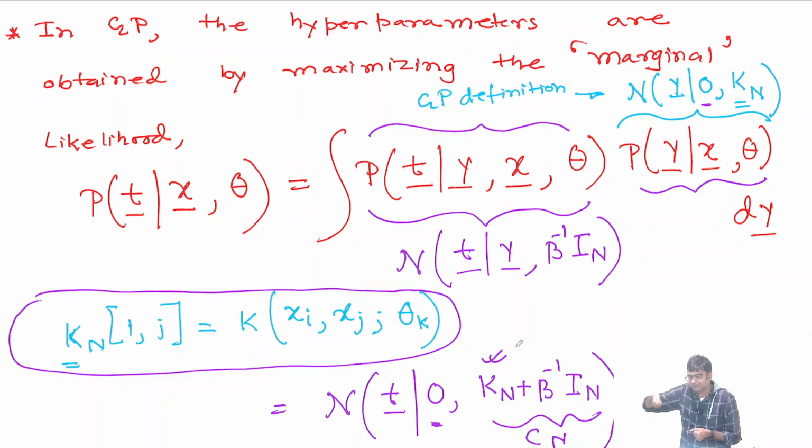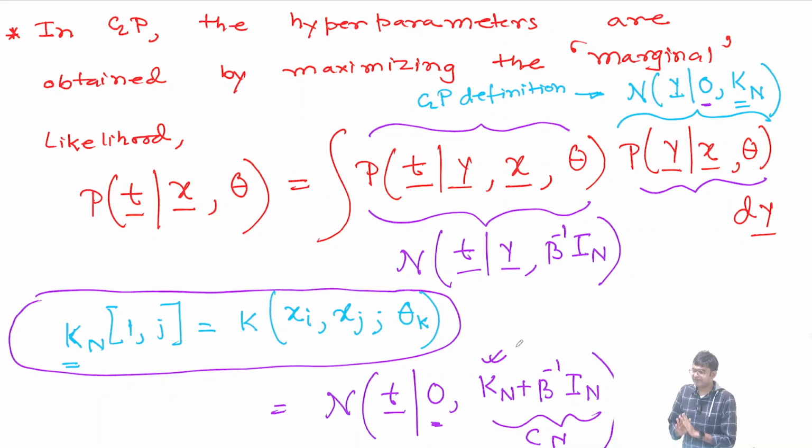So that's why it becomes a Gaussian distribution with some covariance matrix which is derived from the covariance kernel that you have selected. The only problem is that it's a function of the unknown parameters theta k, which is still unknown. So these hyperparameters theta k and beta are to be computed. You are with me till now?